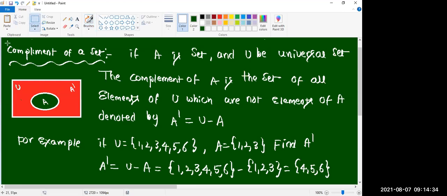Important are these properties. Are you done with this one, students? All the concepts today only I will give.